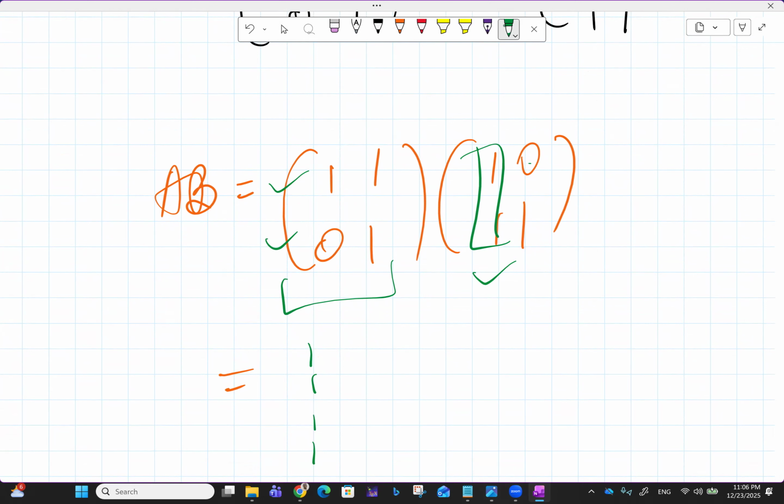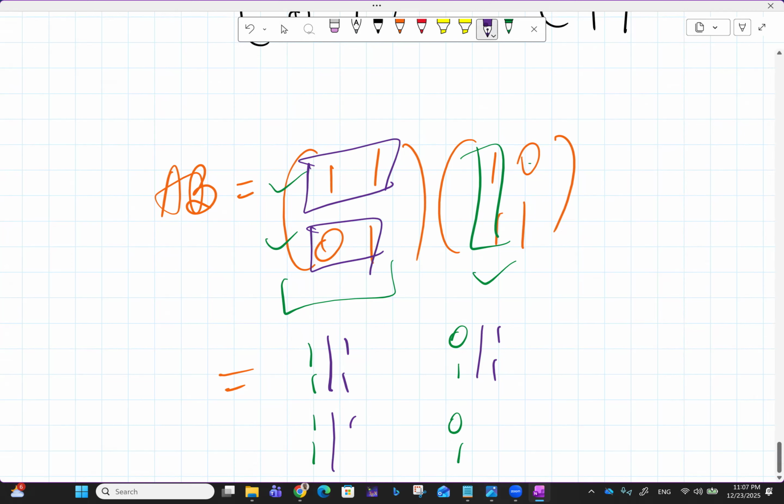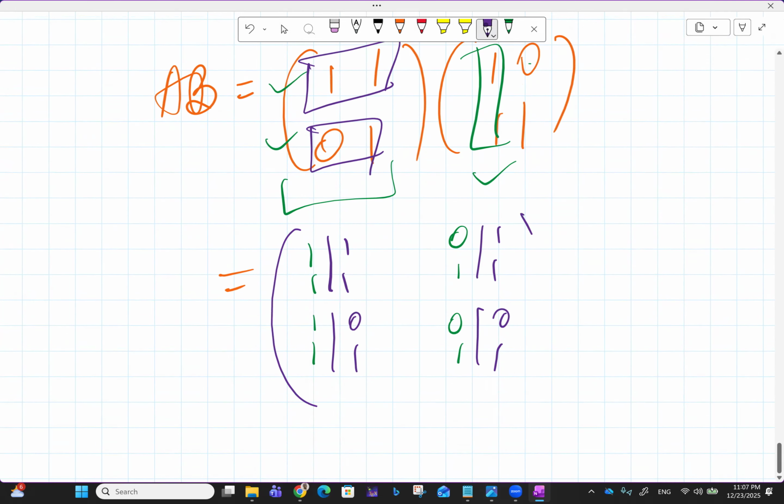Then you also write this one twice: 0 1 0 1. Then you invert this one over the first row, 1 1, and this other one over the second row, 0 1 0 1. All you need to do now is tidy all of this up.